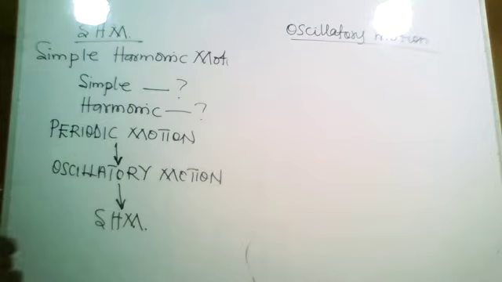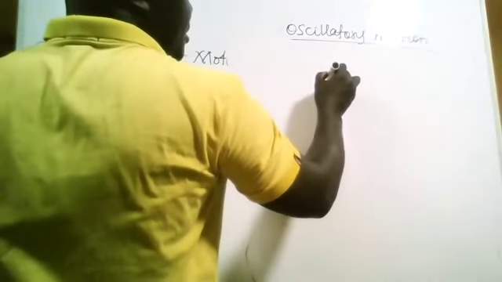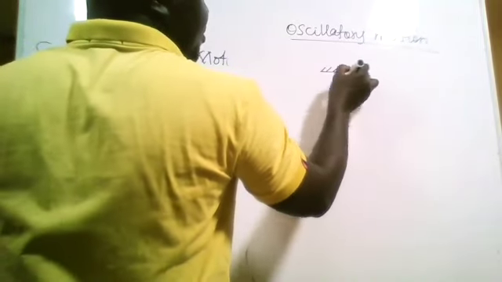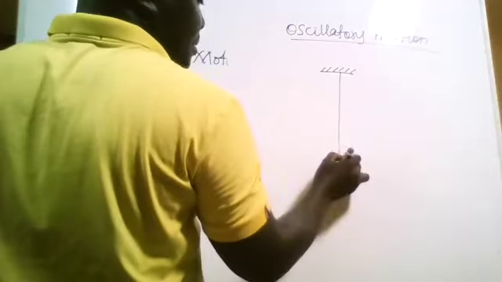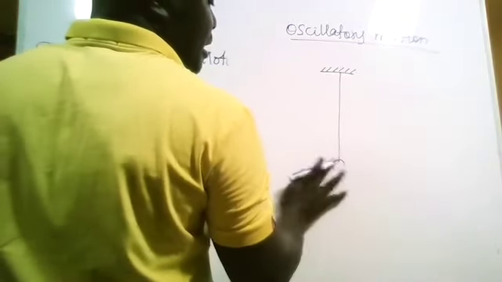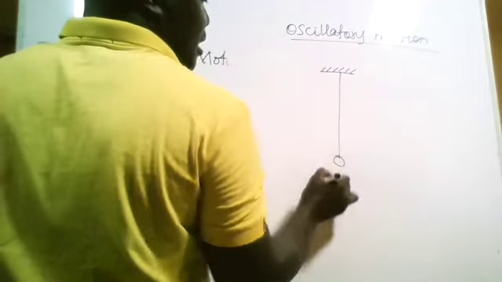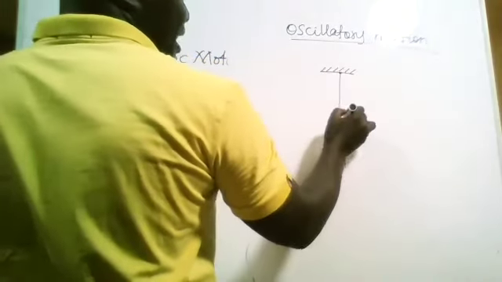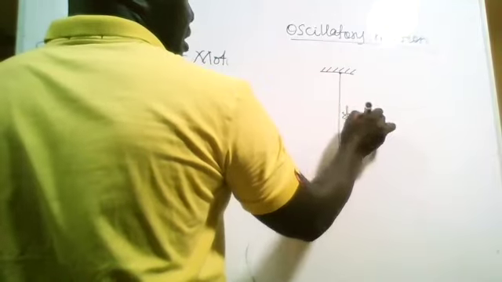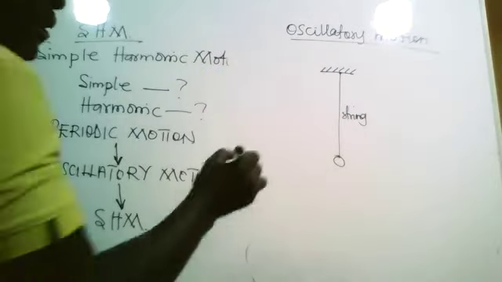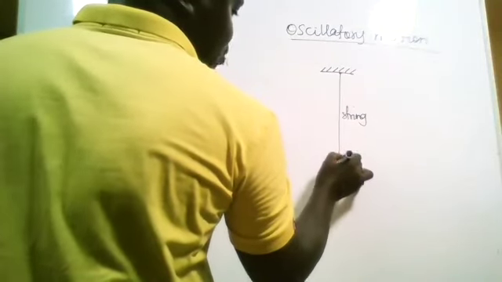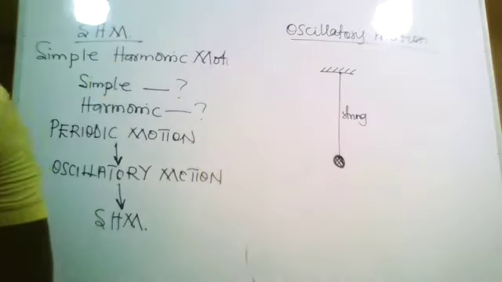Now, if you take a simple pendulum, a simple pendulum is just a massless or weightless string. So from this point to this point is a string or thread. Weightless, we mean that its mass is very, very small.